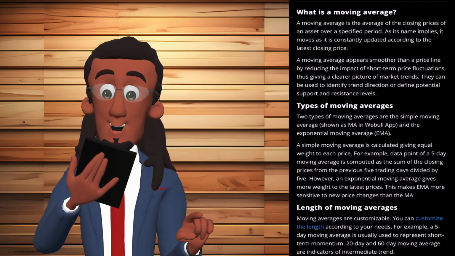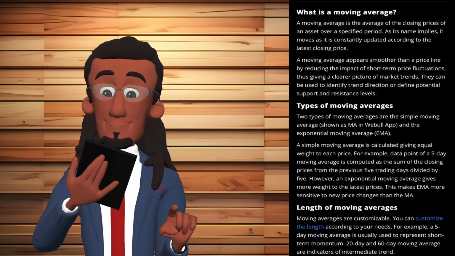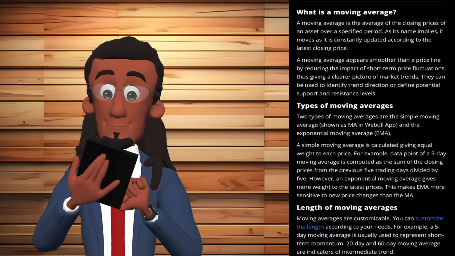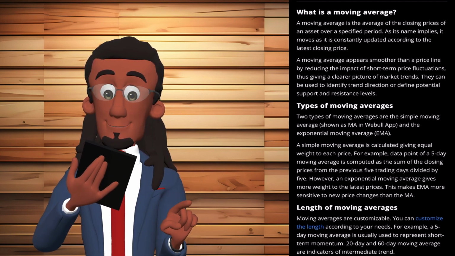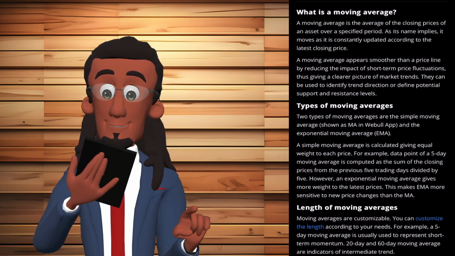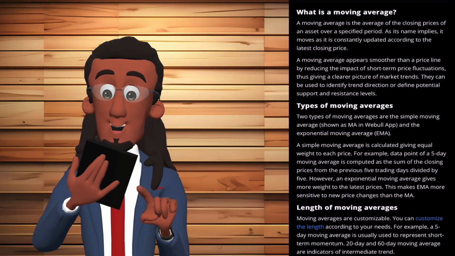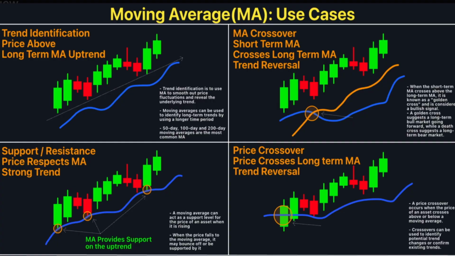So the exponential moving average is more likely to be closer to the most recent data. But at the end of the day, the way we use it, it's not making a drastic difference. So whatever floats your boat.